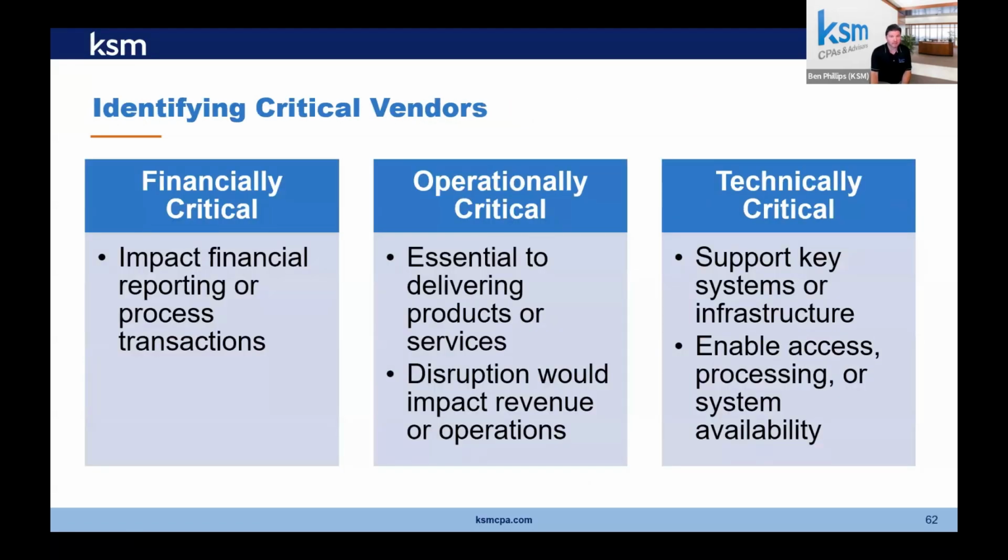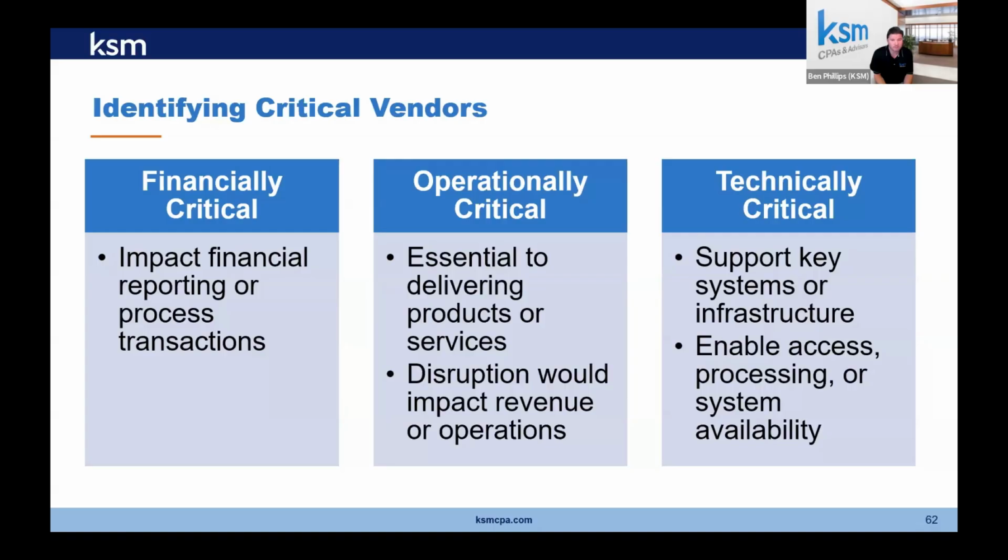So as it relates to identification of critical vendors, not every vendor requires the same level of oversight. And a key part of vendor risk management is identifying which vendors are truly critical. This slide breaks that into three categories. Financially critical vendors impact financial reporting or transaction processing. Operationally critical vendors support core business operations where disruption would materially affect revenue or service delivery.